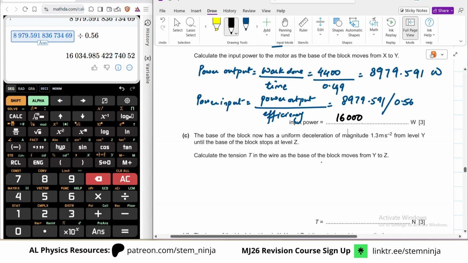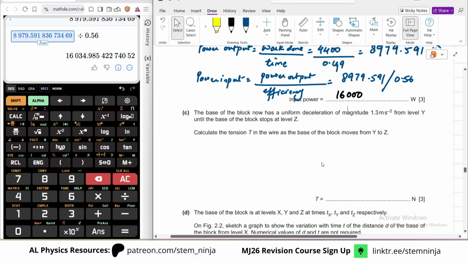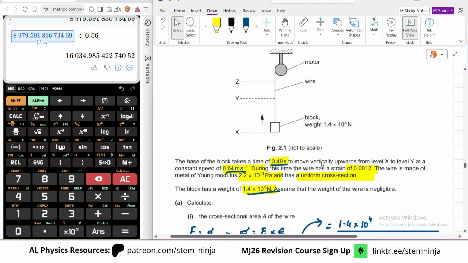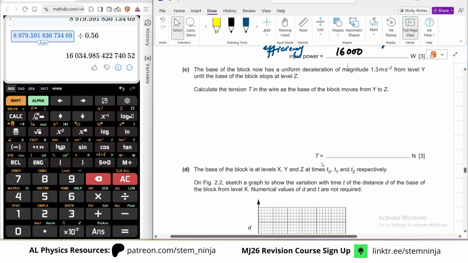watt. The base of the block now has a uniform deceleration of magnitude 1.3 meters per second squared from level y until the base of the block stops at level z. Okay, from level y to level z, constant deceleration. Calculate the tension T in the wire as the base of the block moves from y to z. Okay, so if we just draw the free body diagram, there's a weight acting downwards.